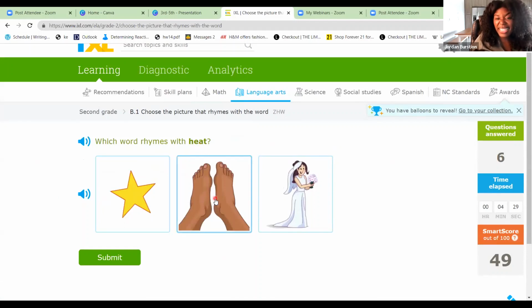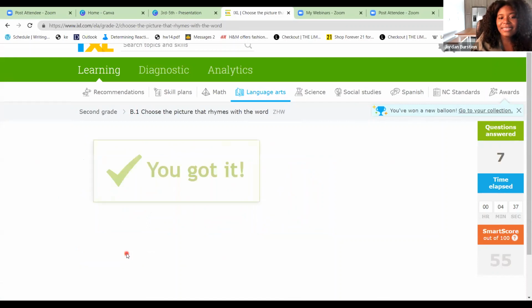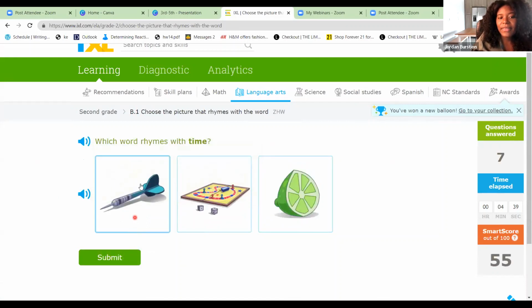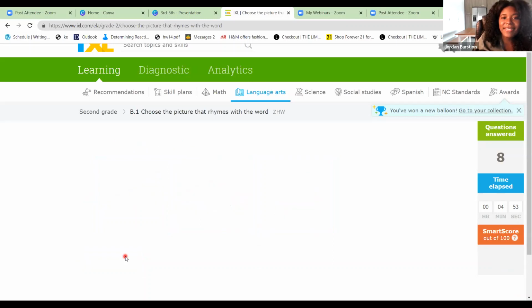Star, feet, or bride? Second one. Which word rhymes with time? Dart, game, or lime? The third one. Awesome, awesome.